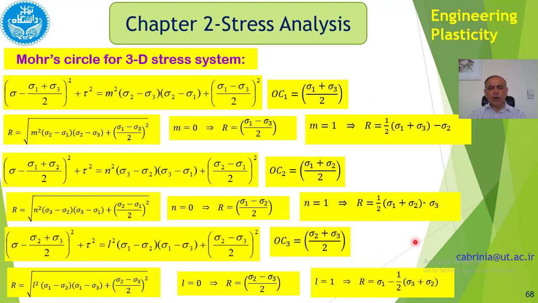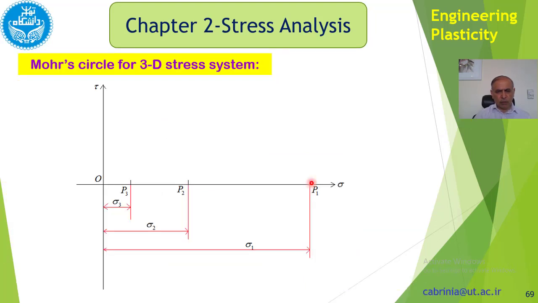So we found out what the relationships are for the Mohr circle in three dimensions, and we can draw the Mohr circle. That's what we do here. Of course, sigma 1, sigma 2, sigma 3 in this case are known, because they come from the third degree equation which we obtained before.